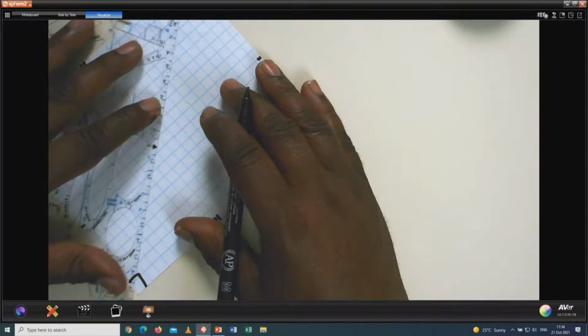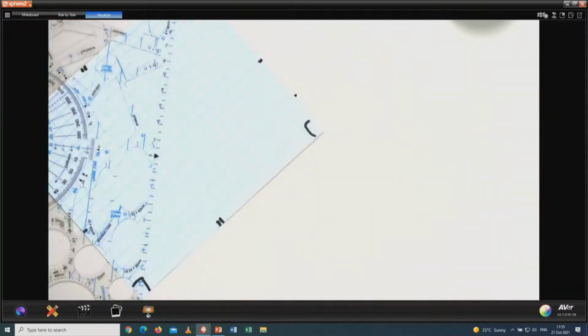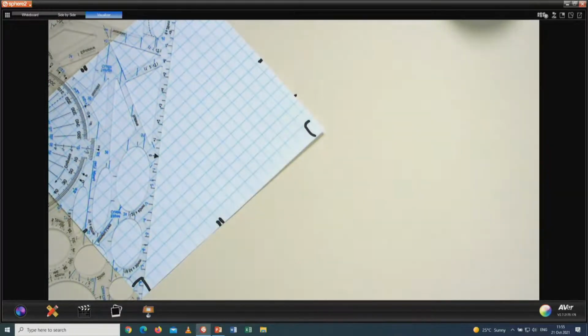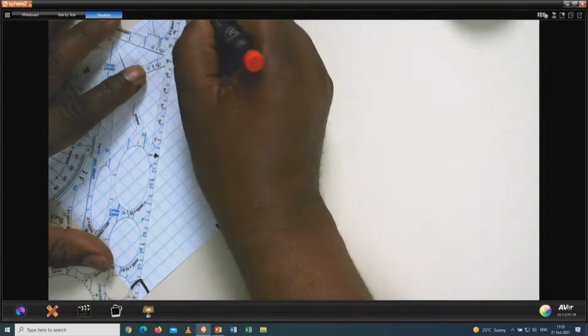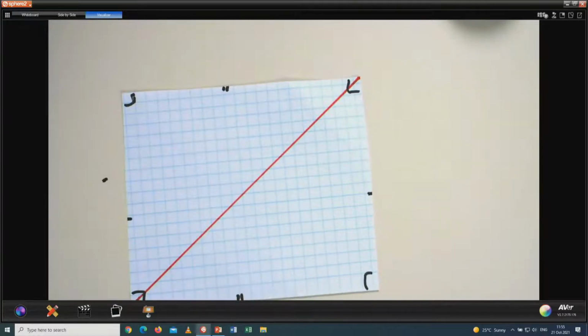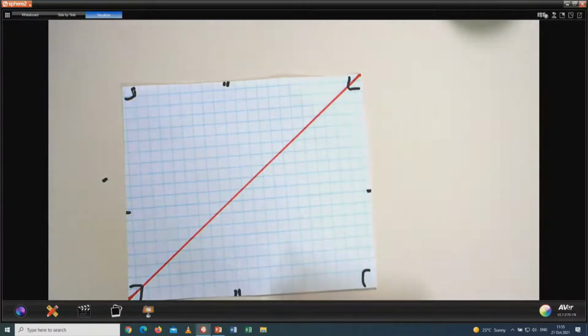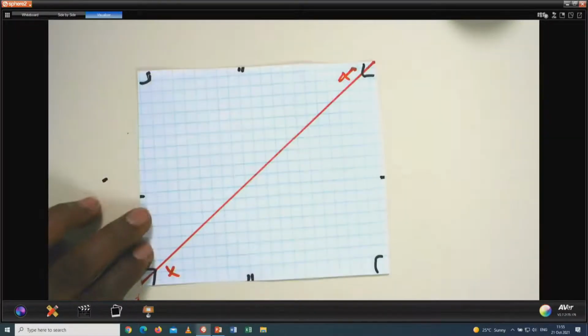So your diagonal, look at it. Here is our diagonal, joining two corners. Right? These sides are parallel, remember? Therefore, this angle equals that one.